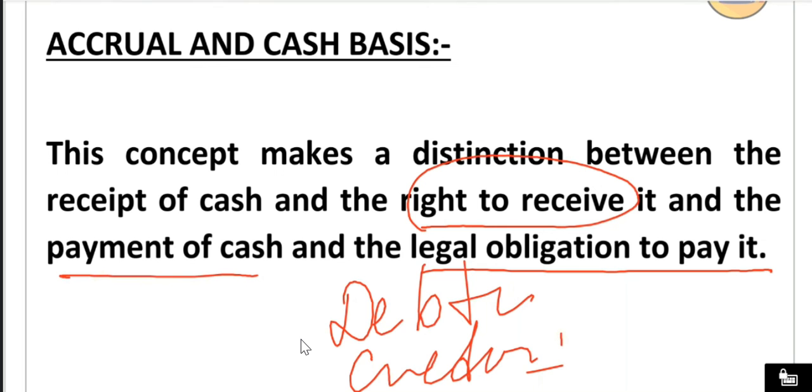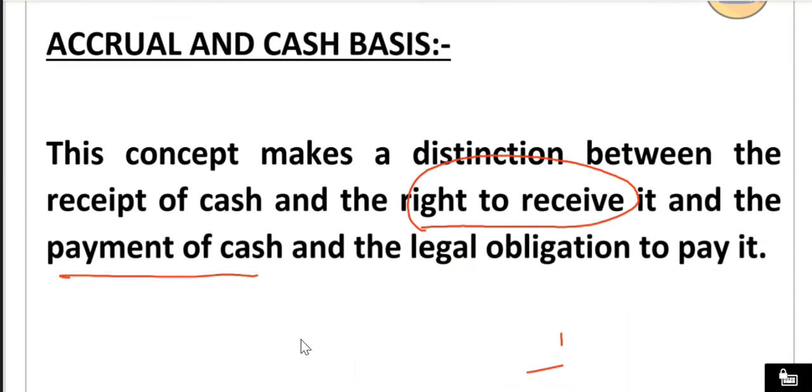This accrual basis you can also record, but it must be a legal obligation, not simply anything. Legal means it must be enforced by the law. So whatever entry we are making must be on the accrual basis or cash basis. Cash basis means you are receiving or paying the cash. Accrual means the right to receive or right to pay, and the obligation to pay, is called the accrual basis.